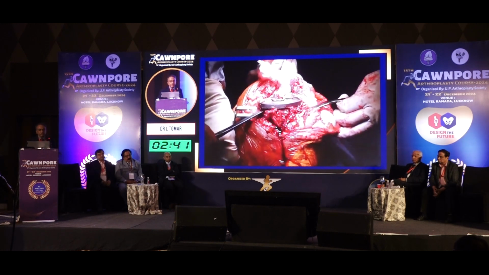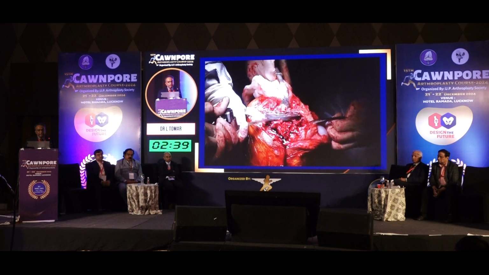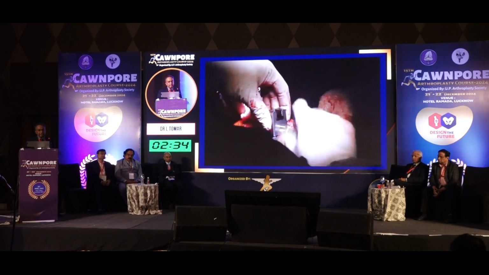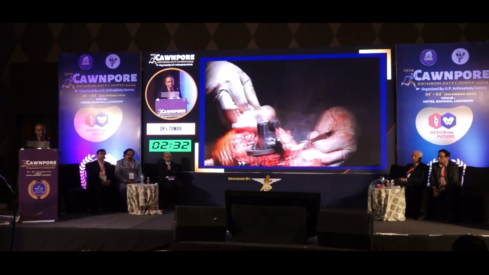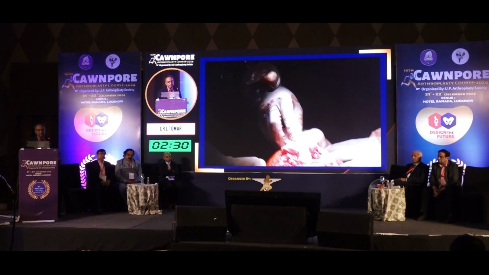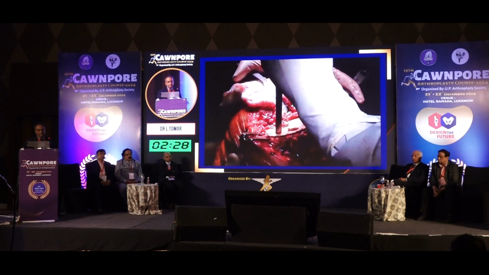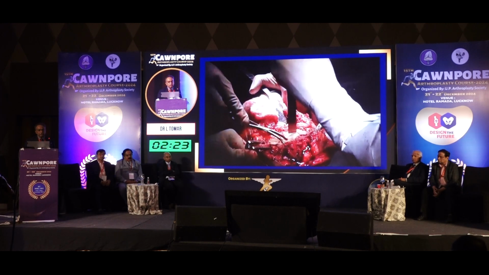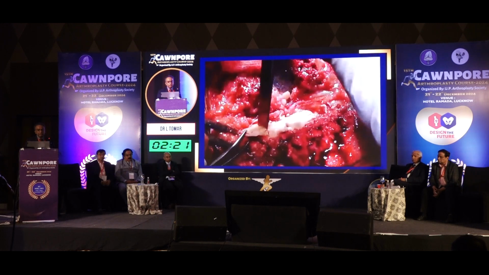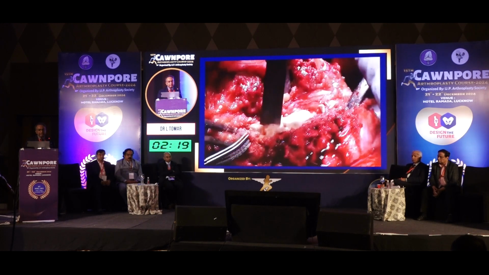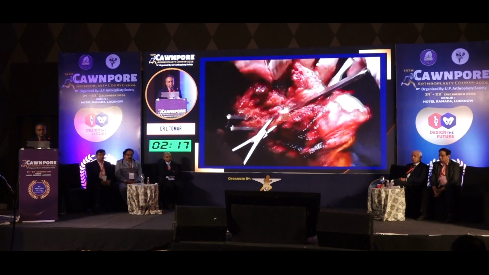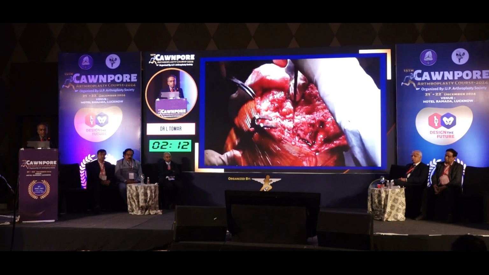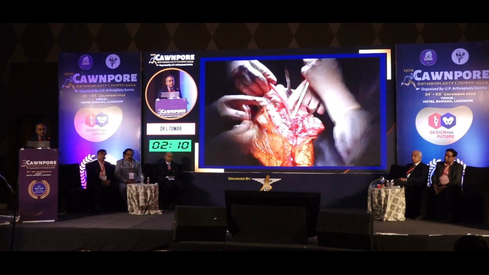We look at whether it has become loose or not, and gradually apply the extractor and take it out. Here we took it out nicely and the cement is intact, so there was absolutely no loss of bone. Then cement is removed in bits and pieces using the thin osteotome and gauzes, the cement is removed from the medullary canal as well, and samples are taken from the medullary canal.